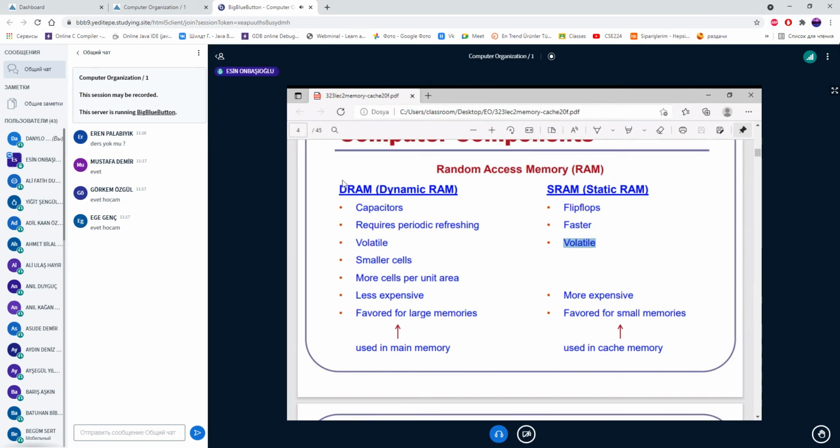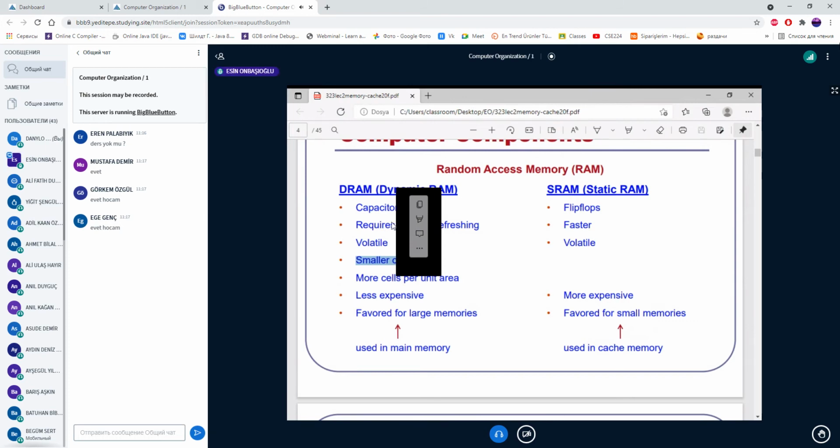One special thing about capacitors is that their sizes are smaller. Therefore, you can put more units inside a small area.